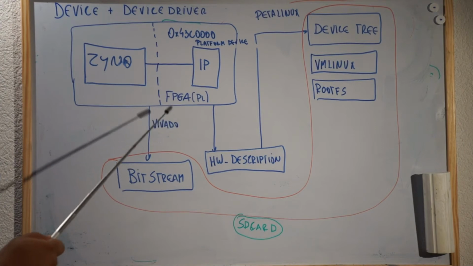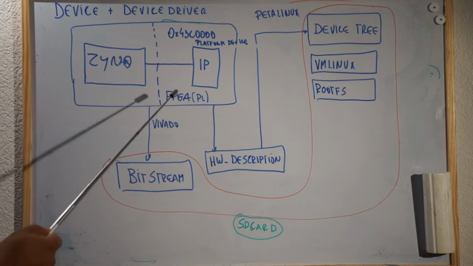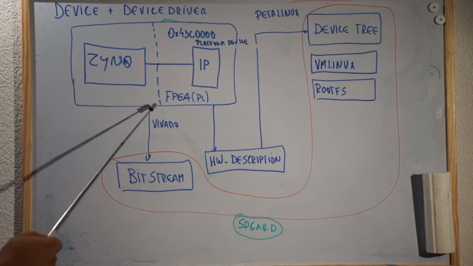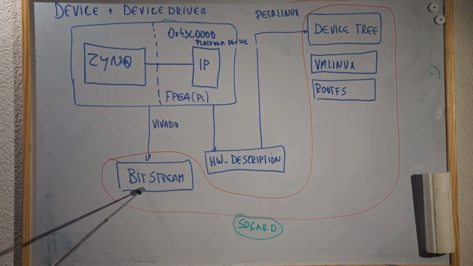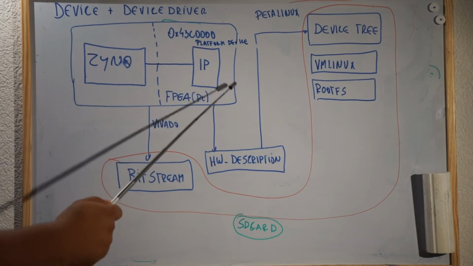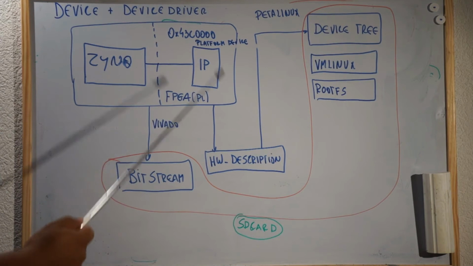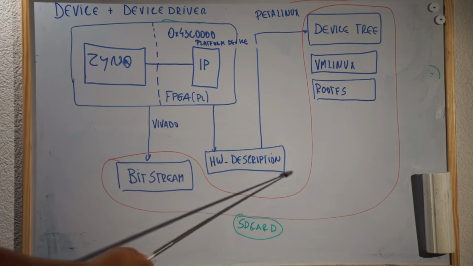Basically, what we need in order to do that? Imagine that here is our project in Vivado. We know that Vivado creates the bitstream, and when we export the Vivado project to Xilinx SDK, for instance, we have a hardware description.